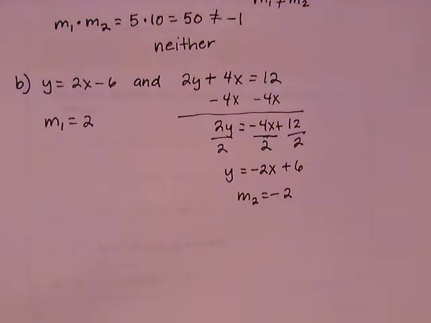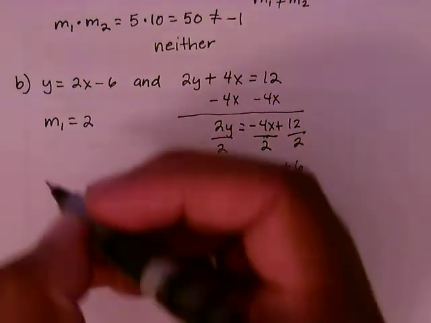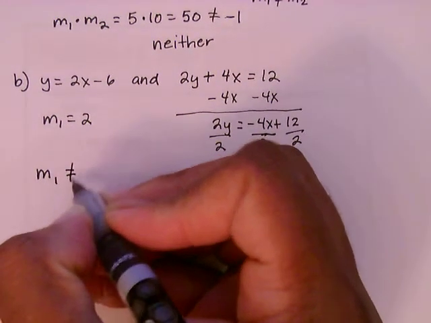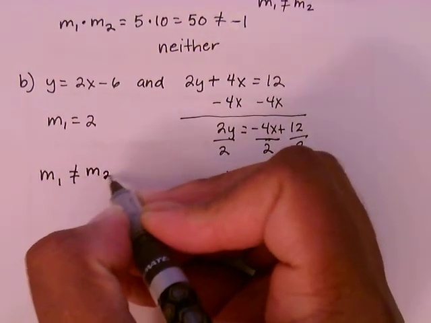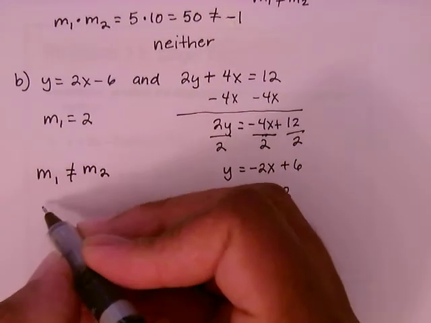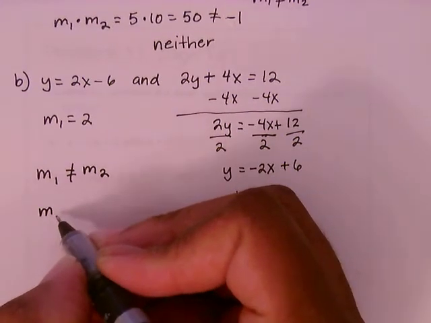Now let's compare those. For it to be parallel, the slope of both of these have to be the same. You can see they're not. m1 and m2 are not the same. I got 2 and negative 2. They're different, so they're not parallel.